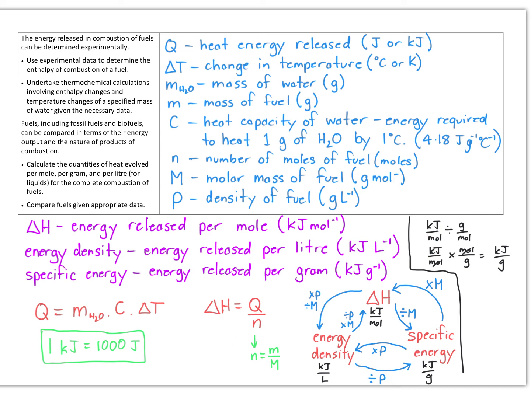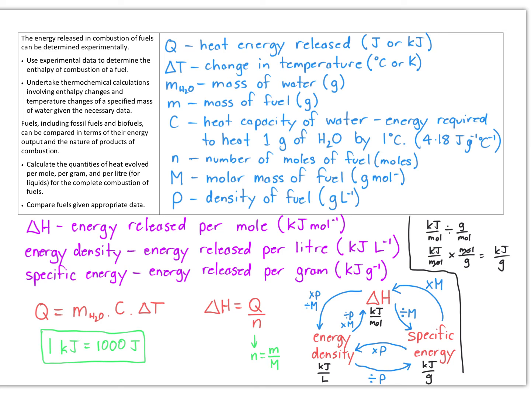So if we divide kilojoules per mole, which is enthalpy, by molar mass, we're dividing by a fraction, so you times by the reciprocal, moles per gram. The moles cancel out, and we get kilojoules per gram. So that is my little check. If I want to go from enthalpy to specific energy, I've got to divide by the molar mass. And if I want to go the opposite way, I times.